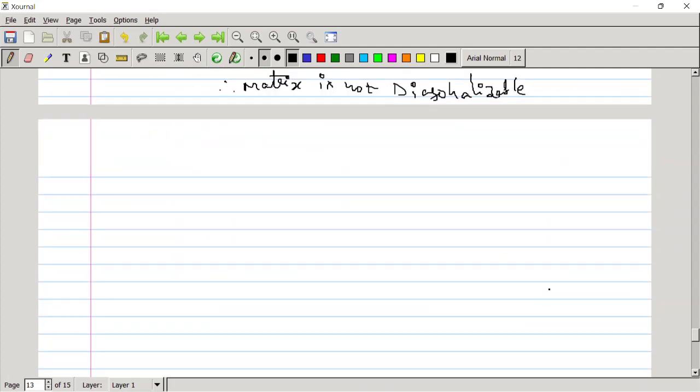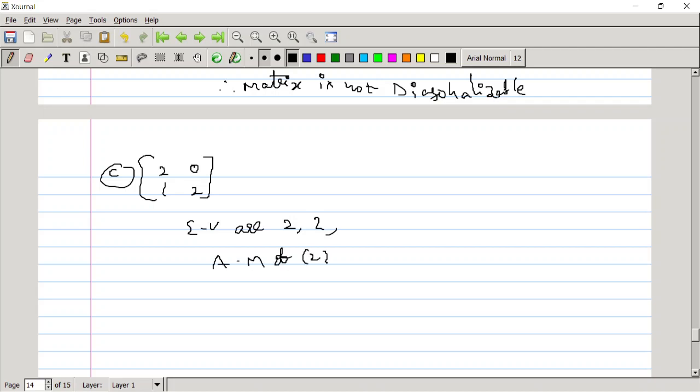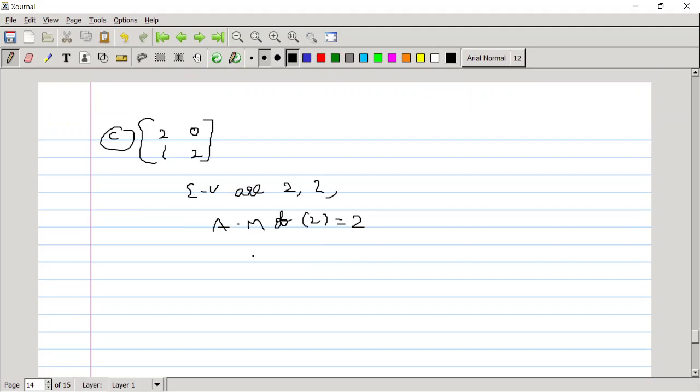Similarly, for the third option, the given matrix is 2 0, 1 2. By the same reasoning, the eigenvalues are 2 comma 2, and the algebraic multiplicity of eigenvalue 2 is equal to 2. Now we will check the geometric multiplicity.